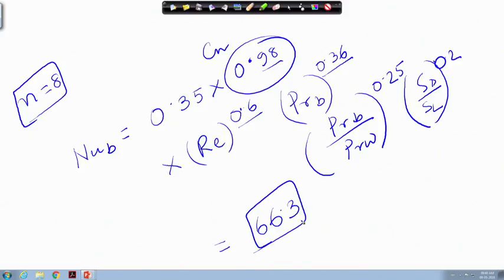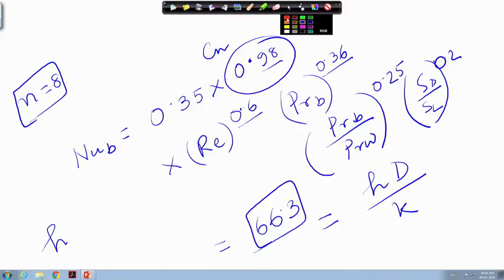Once we know the Nusselt number, this can be related to h d by k, and we have the value of k and the value of d, so we can find out the heat transfer coefficient, which will come out as 170.4 watt per meter square Kelvin.